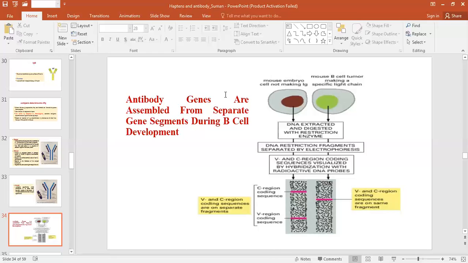Nonetheless, the mammalian immune system has evolved unique genetic mechanisms that enable it to generate an almost unlimited number of different light and heavy chains in a remarkably economical way, by joining separate gene segments together before they are transcribed.